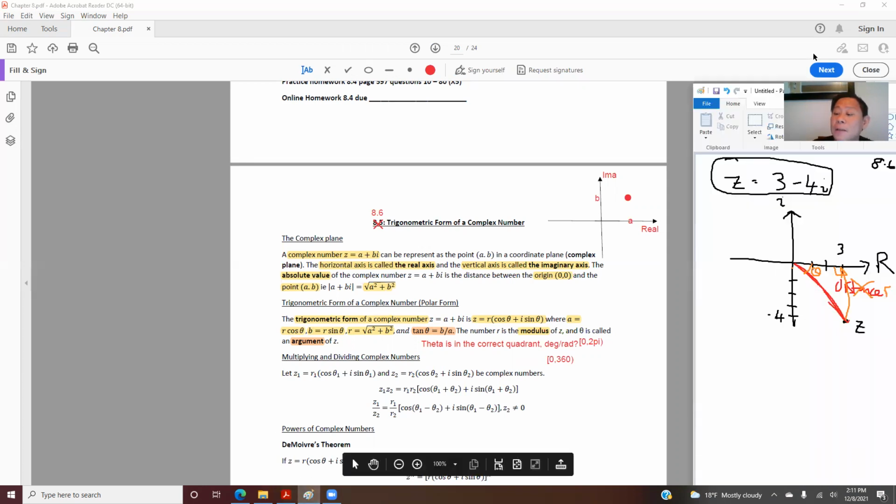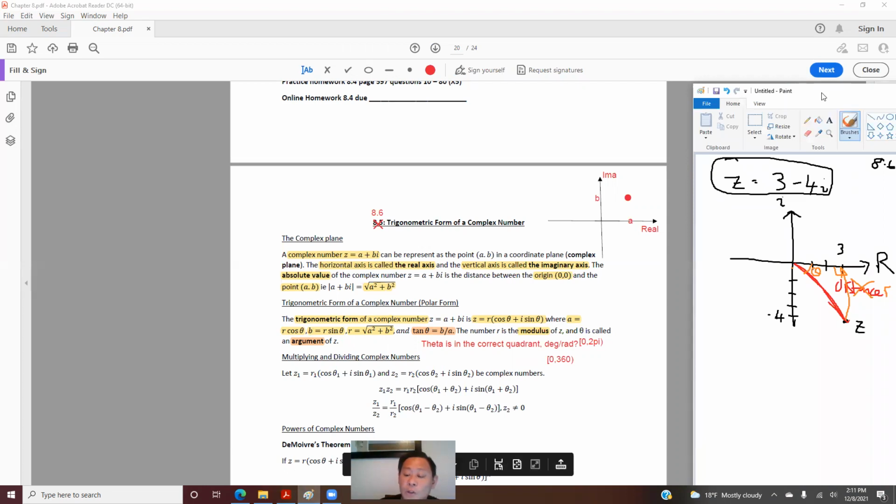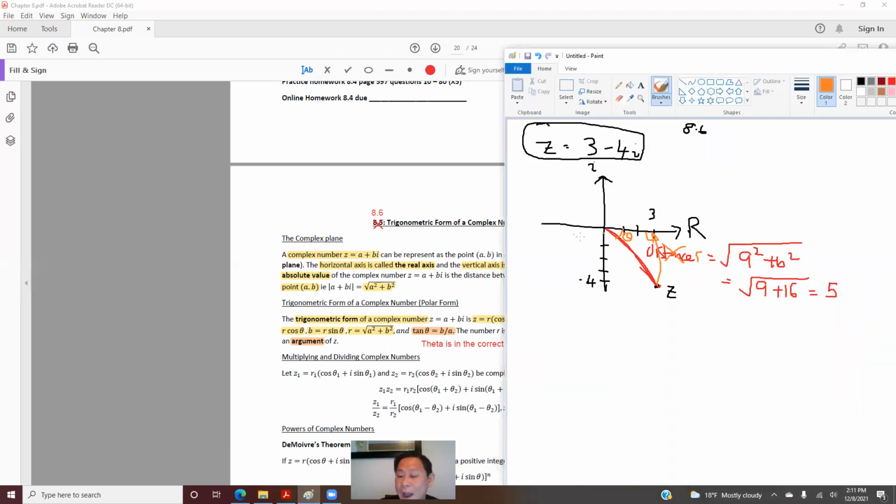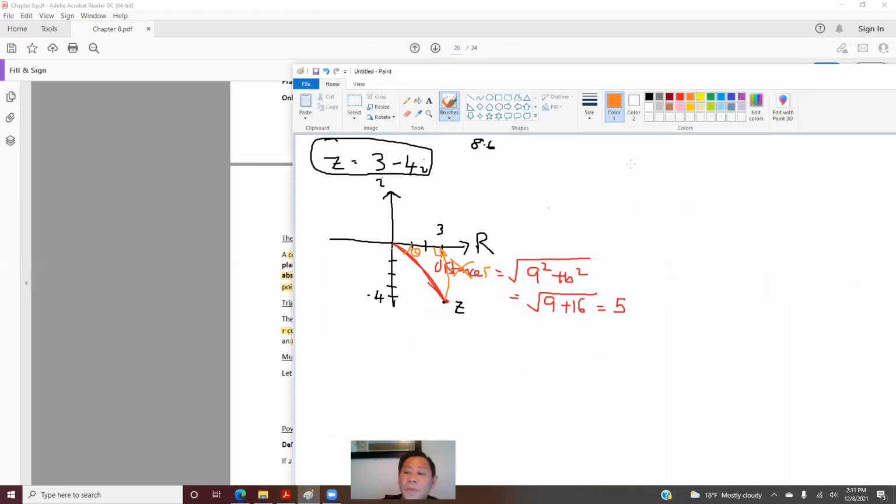So for example, in this case, we found out that the modulus, or the r, is 5, which is the distance from 0, 0 to the z. So this is the r. In order for us to find the theta, the theta that you have in this case is going to be this theta. This is the theta we're looking for because it goes from 0 to 360. So in order for you to find the theta, we will use tangent theta.